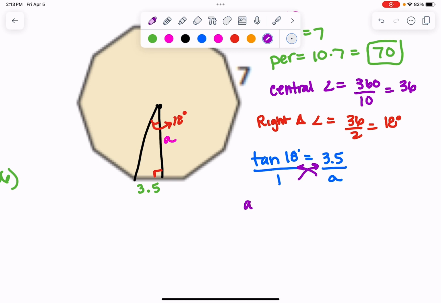And that's going to give us A times the tangent of 18 degrees is equal to 3.5. So to solve for my A, I have to divide both sides by the tangent of 18. And 3.5 divided by the tangent of 18 degrees is about 10.77.